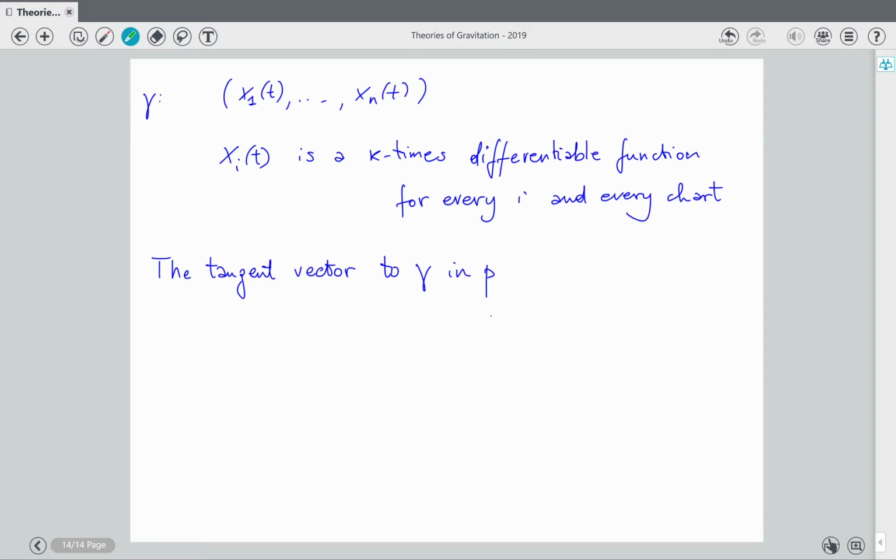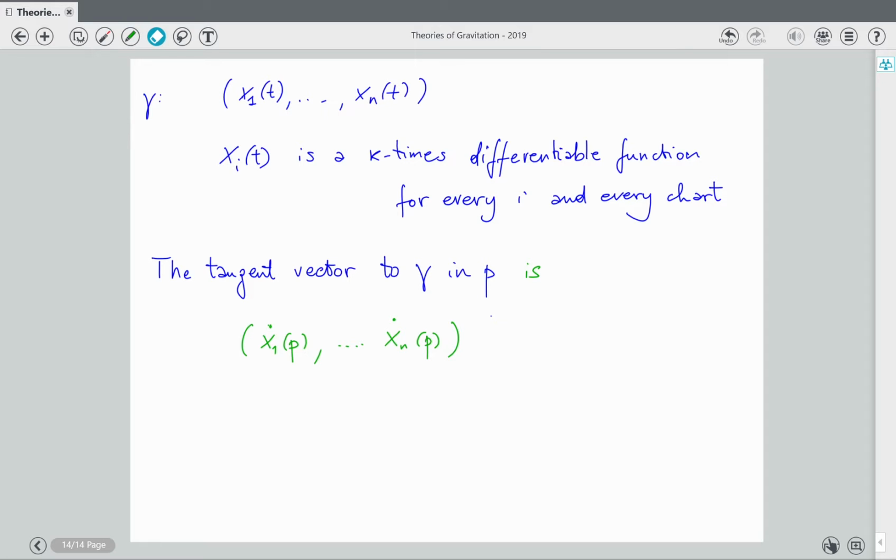Say the tangent vector to gamma in P is the vector obtained computing the derivatives with respect to t and calculating them in P. So I put P as the argument.